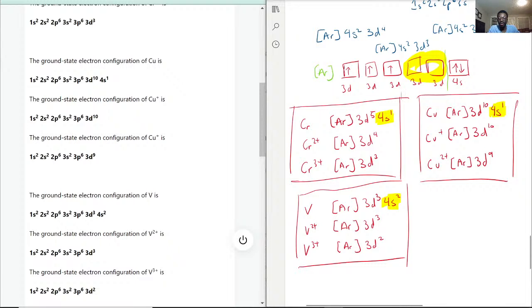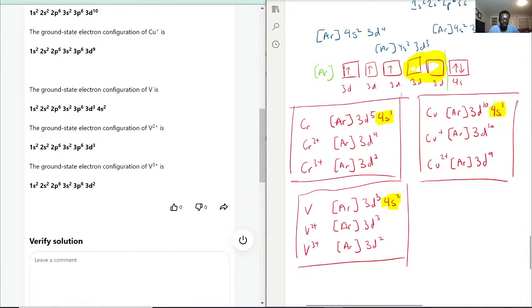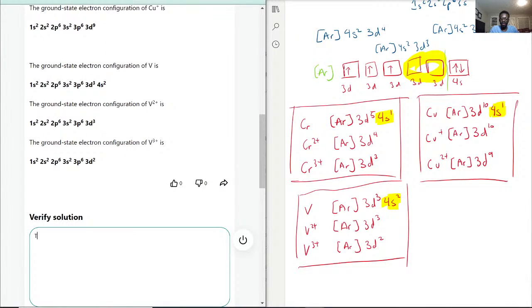So that's what we have here. But when we do start getting the ions, it'll just shed from the most outer shell. So the 4s2 will be the first to go, then it'll just lose another one from the third subshell. Okay, so with that, this is correct.